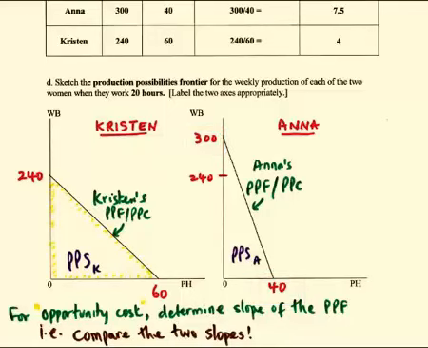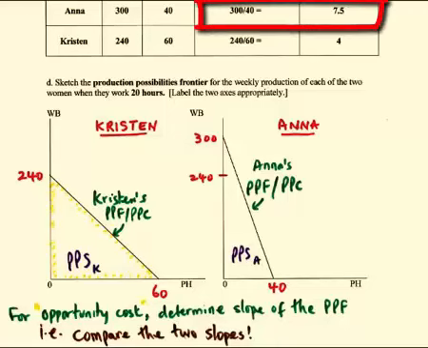So the slope of this line intersecting 300 on the vertical axis and 40 on the horizontal axis is a rise of 300 divided by a run of 40, and that slope is going to be 7.5. We interpret this to say the opportunity cost of potholders is 7.5 wristbands. Or said differently, for each potholder that Anna wants to produce, she gives up the possibility of producing 7.5 wristbands.